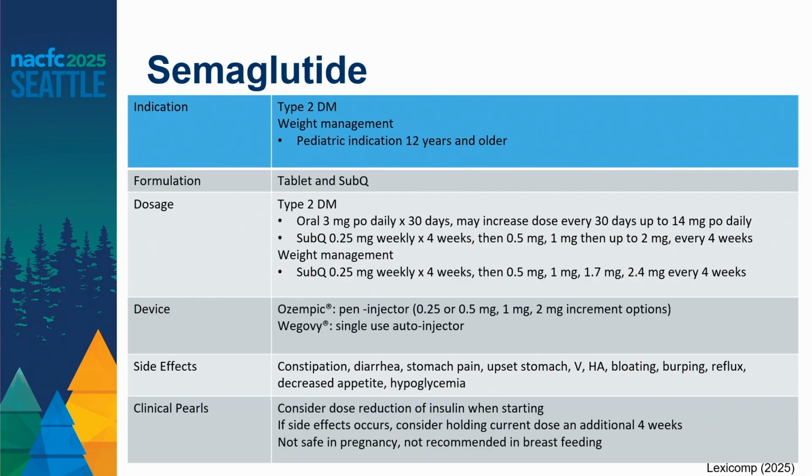However, I'm going to say this as my own personal bias: I think the sub-Q formulation is a better route than the oral for our cystic fibrosis population. If you look at the oral formulation, I think the absorption is poor. It's not that well tolerated even in the general population. So from a CF standpoint, I would recommend a sub-Q formulation.